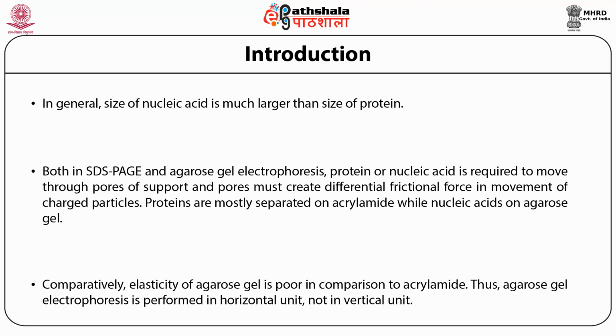It is difficult to remove agarose gel from a small tube or glass plates or glass cassettes after vertical gel electrophoresis. Thus, agarose gel electrophoresis is not performed on vertical electrophoresis unit and is carried out in horizontal electrophoresis unit.